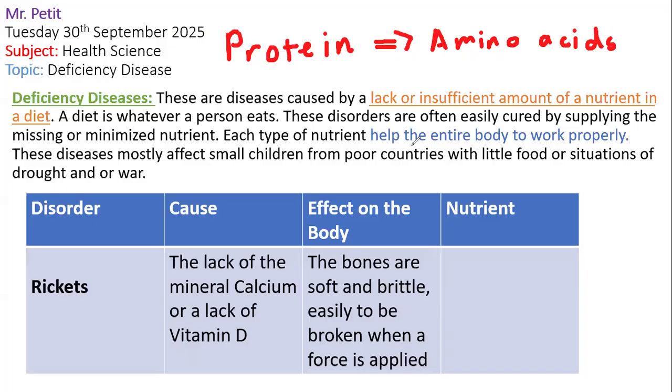It's kind of like starch. Starch is a polysaccharide, so you need long chains of sugar units to give you starch. Same thing with protein. You need long chains of amino acids to give you protein.